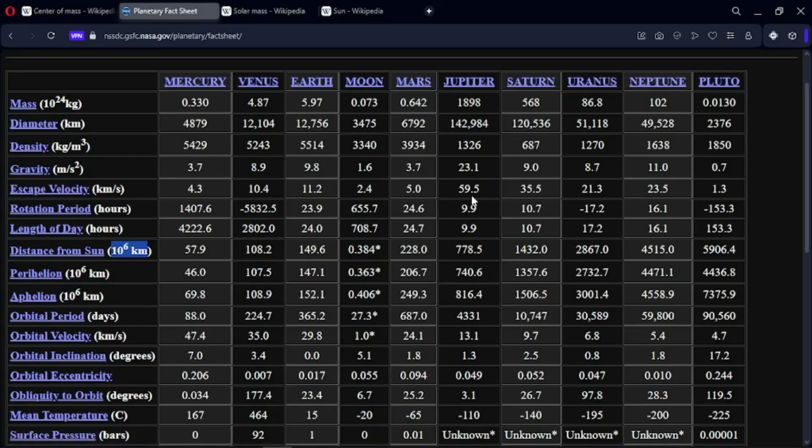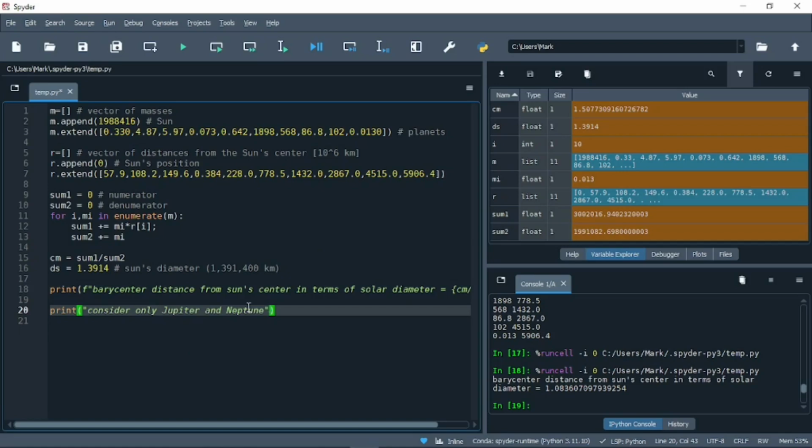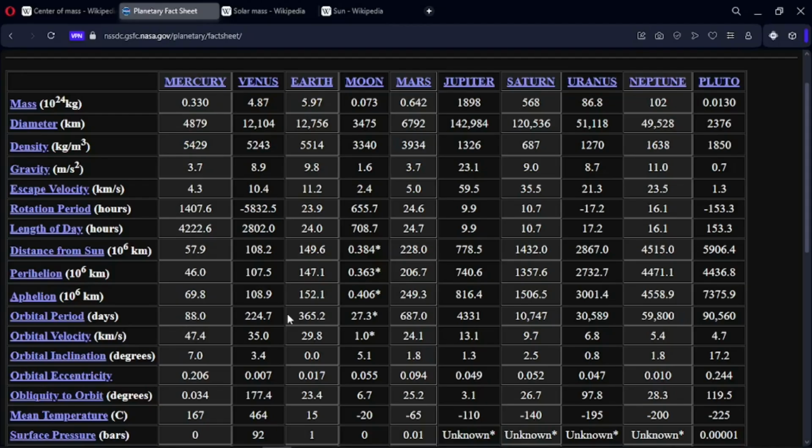Only these two planets, because they have most of the mass. Also Uranus is very massive, but these are the biggest in terms of mass.